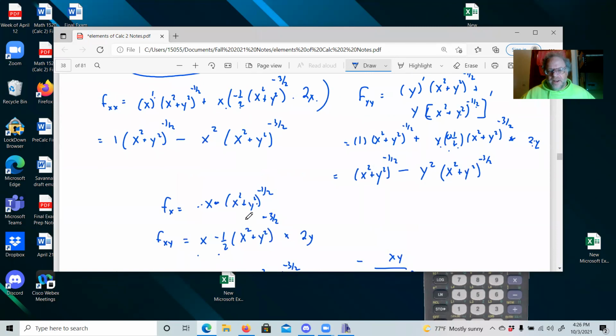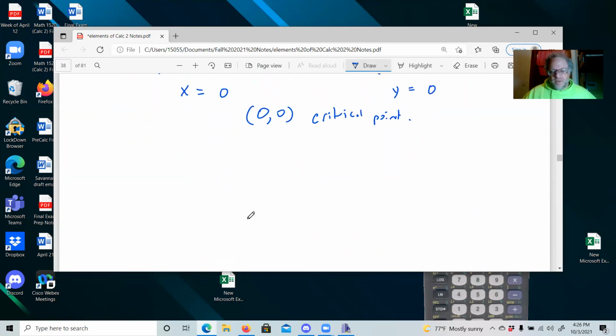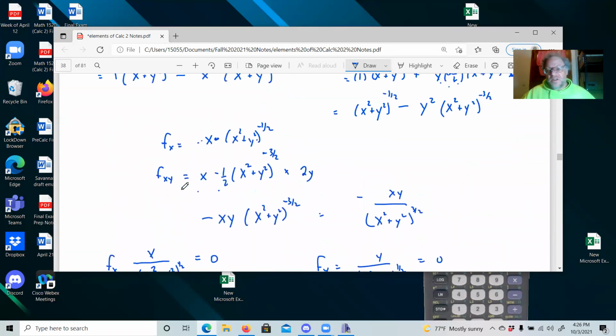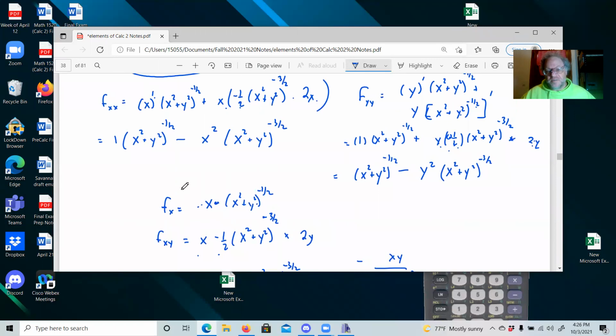Let's see, what are we doing next? We have to calculate our determinant. So we need f_xx times f_yy minus f_xy squared. It's going to be really anticlimactic because after all this work, we're plugging in zeros everywhere. If I plug in zeros here, zeros there, 0.